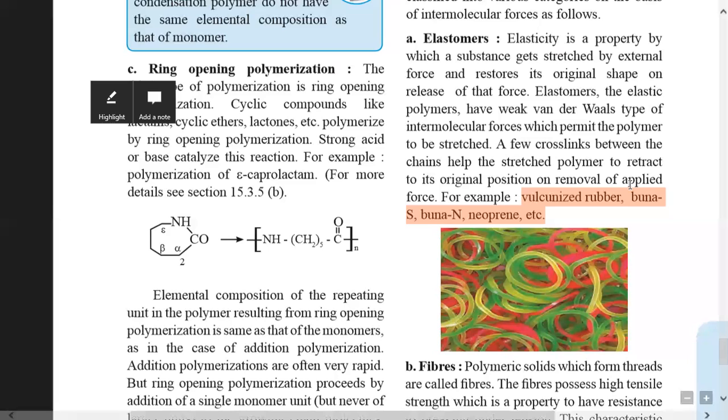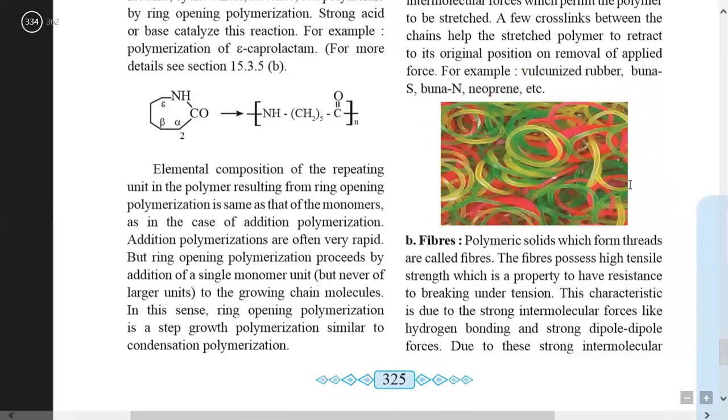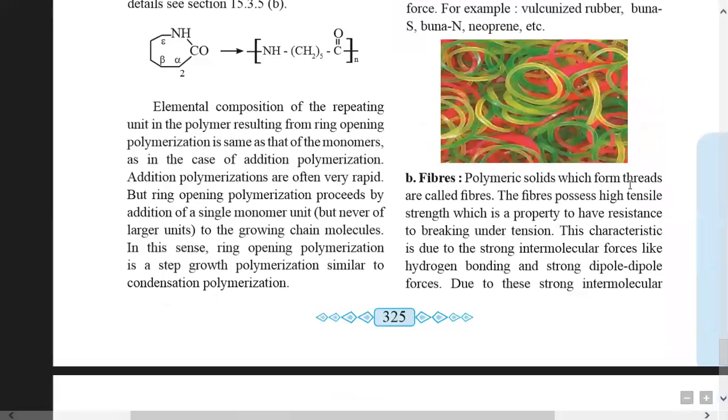They help the polymer stretch and retract to its original position. Remember these examples well: vulcanized rubber, Buna S, Buna N, and neoprene.